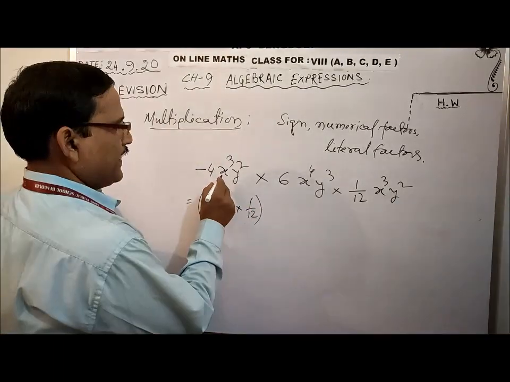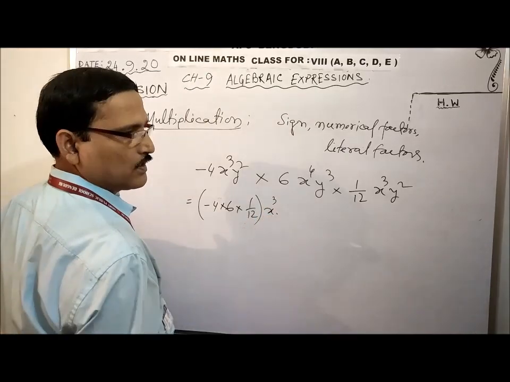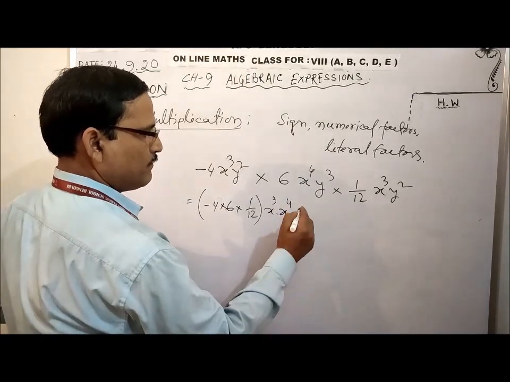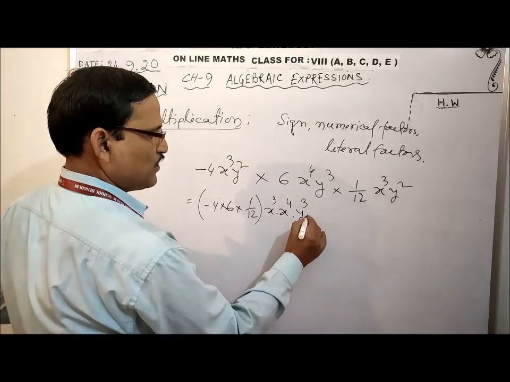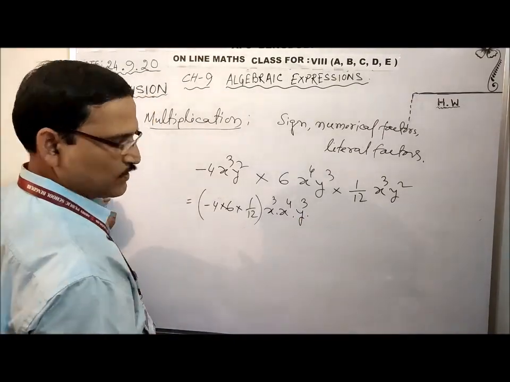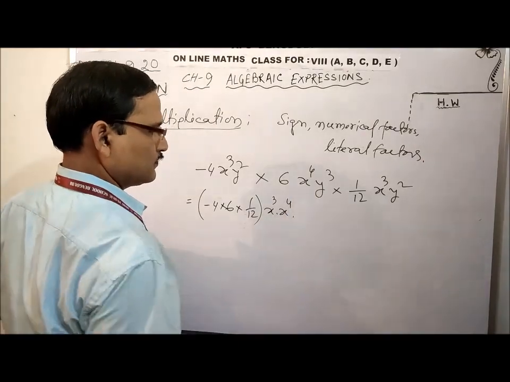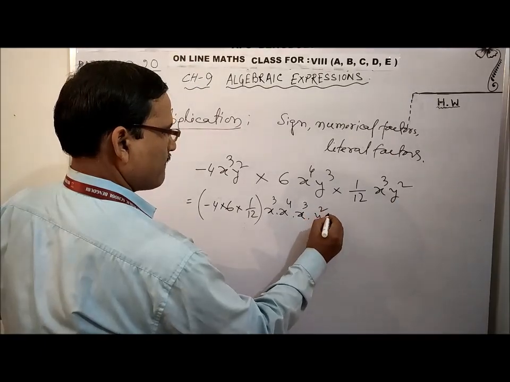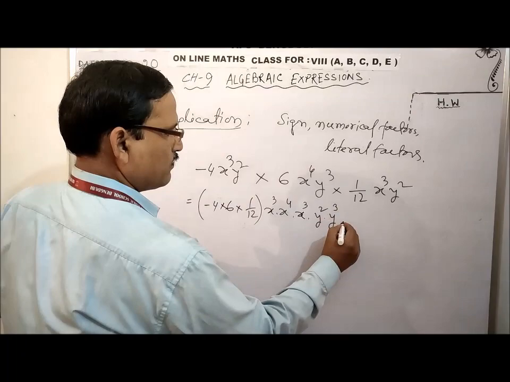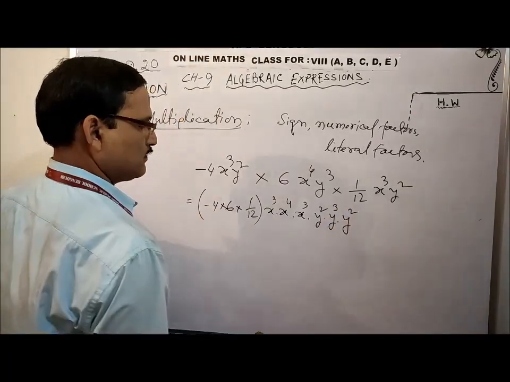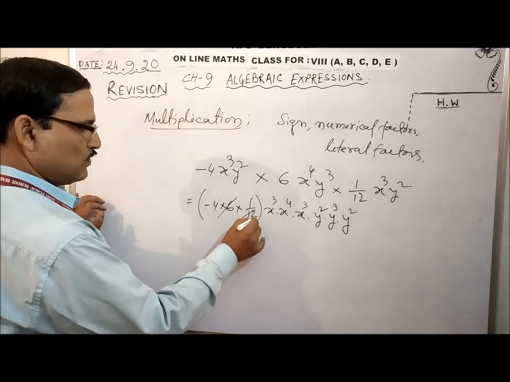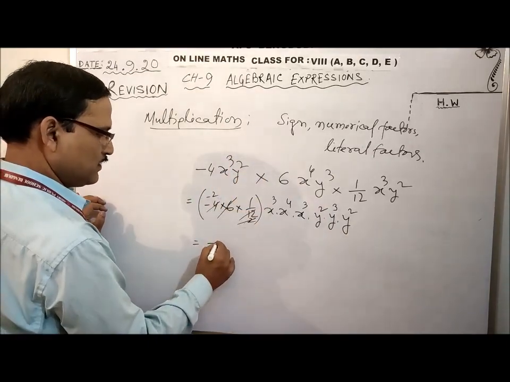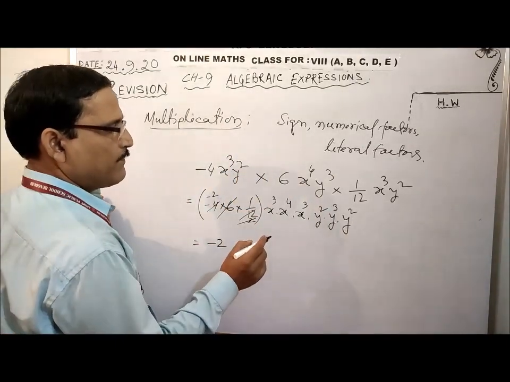Clear? Now the x cube, y cube and y square terms are all multiplied. So the result of the numerical factors calculation is minus 2.